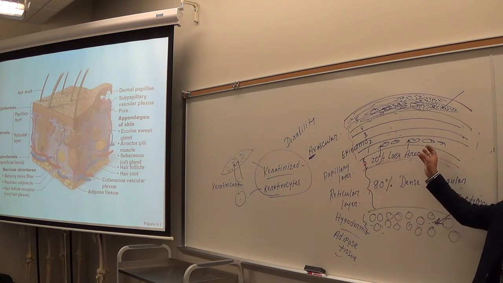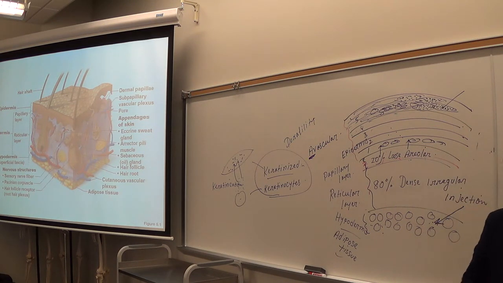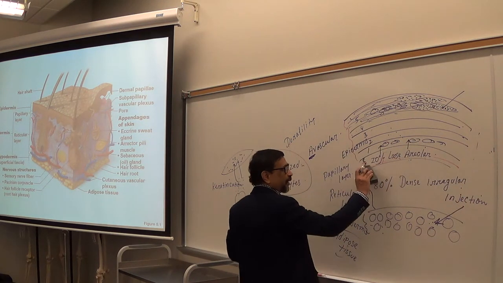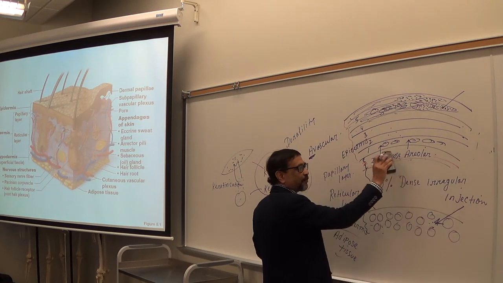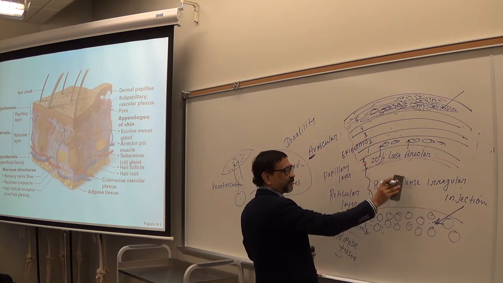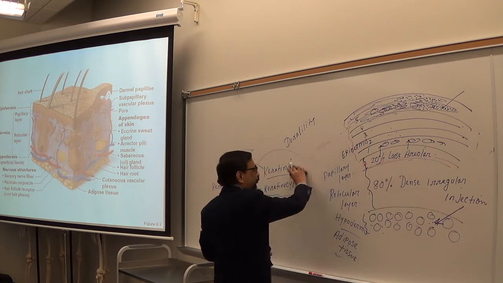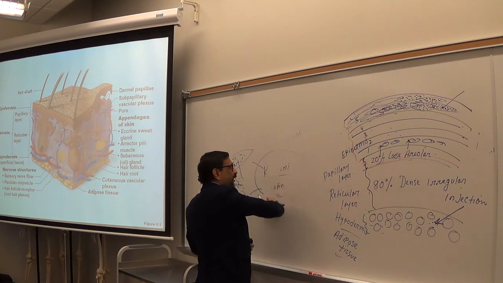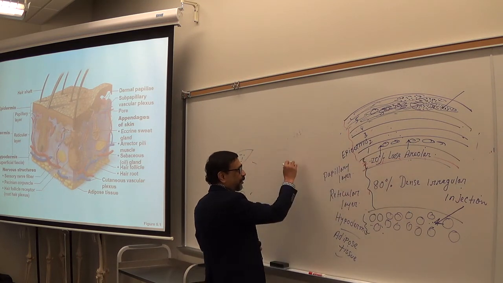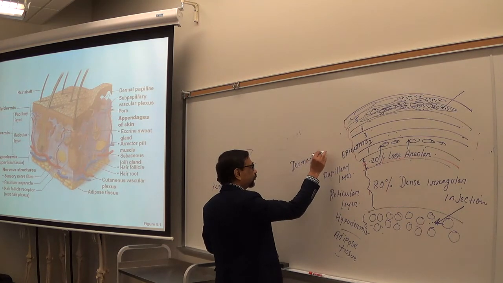Because this layer is soft and can easily get damaged. Okay? So dermatitis is the inflammation of the papillary layer of the dermis. In most cases, the reticular layer is very tough and inflammation doesn't occur here. So dermatitis is the word used to indicate the inflammation of the papillary layer of the dermis. Okay?